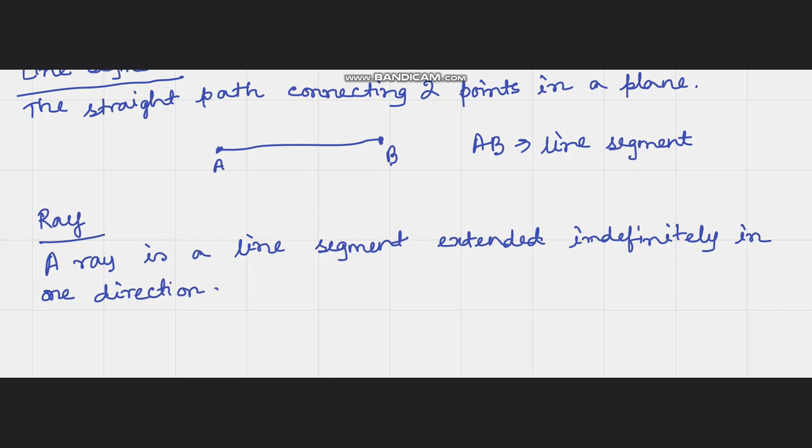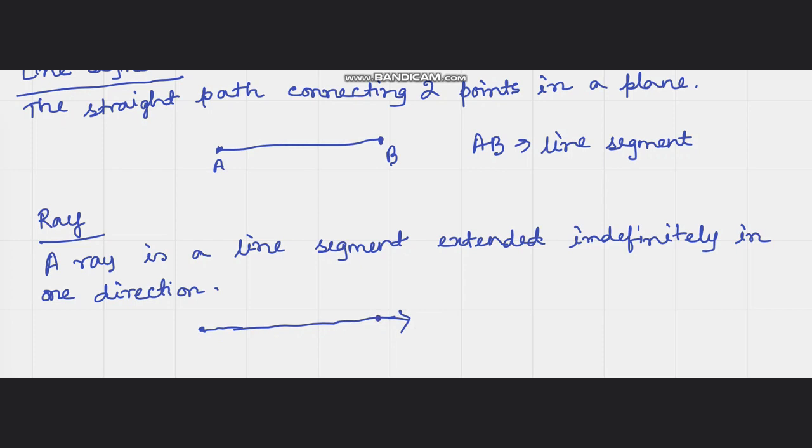Let us draw one ray over here. There should be one endpoint, which we can call a starting point or initial point, and it has no end point. That's why we have marked it with the arrow symbol. The arrow indicates that it can go to any extent, right?